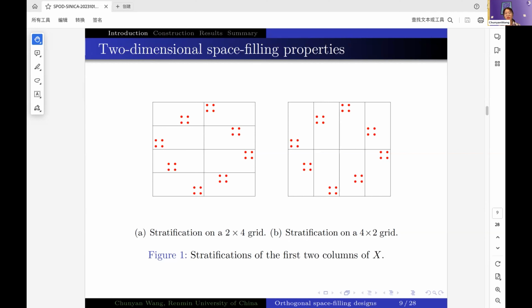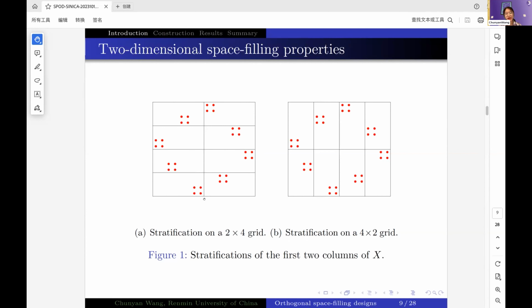So we have a matrix X, and we select the first 2 columns of this matrix, and we can draw the plot, and it shows the stratification of these 32 points, meaning 32 runs.